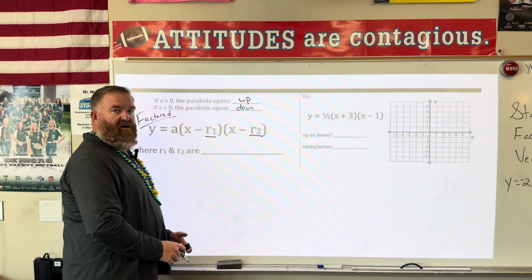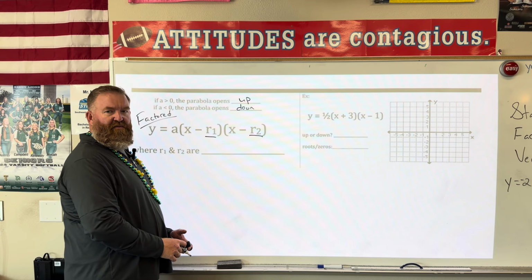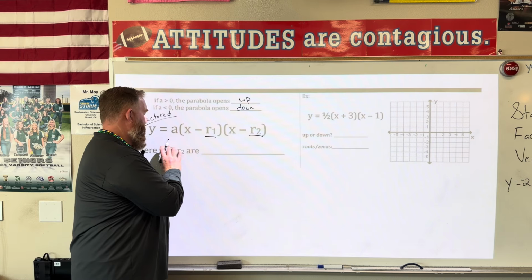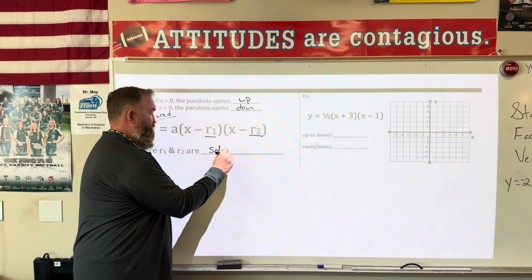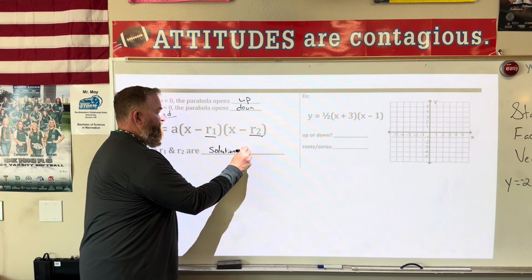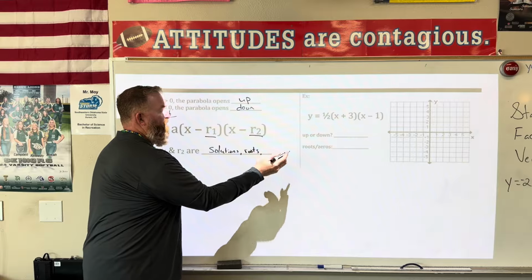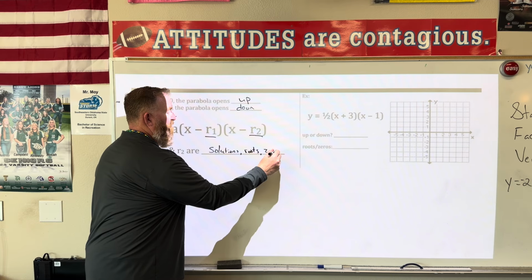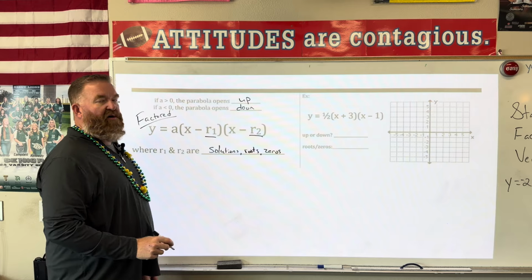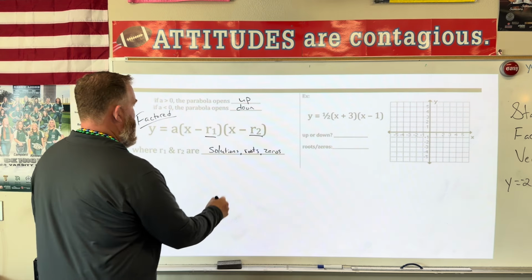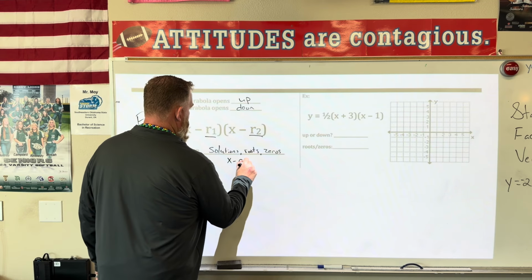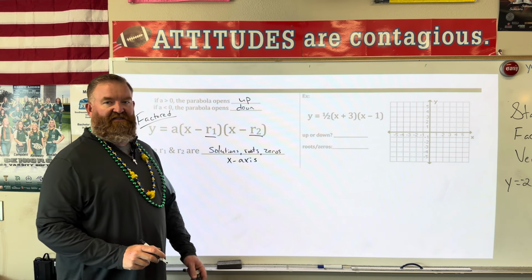Okay, R1 and R2 are your solutions, or your roots, or your zeros. It's basically the point where they cross the what? The x-axis. It's the point where they cross the x-axis.